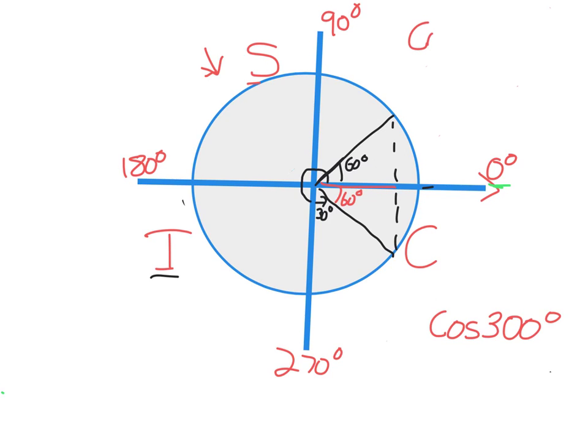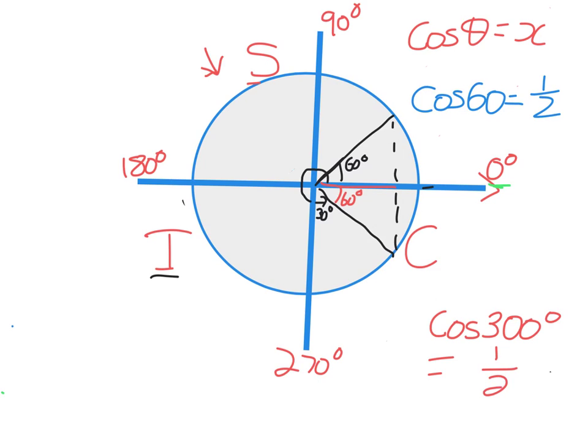And remember, cos of whatever angle we're interested in is just the x value. So this distance in red is going to be the value of cos 60, but also the value of cos 300. But that's really awesome because I know that the value of cos 60, we did the exact ratios before, is also a half. So cos 300 is going to be equal to a half.